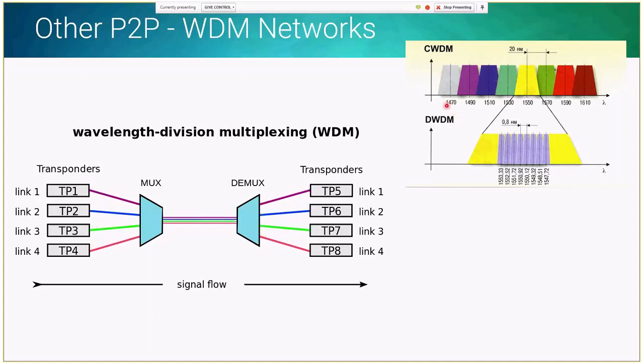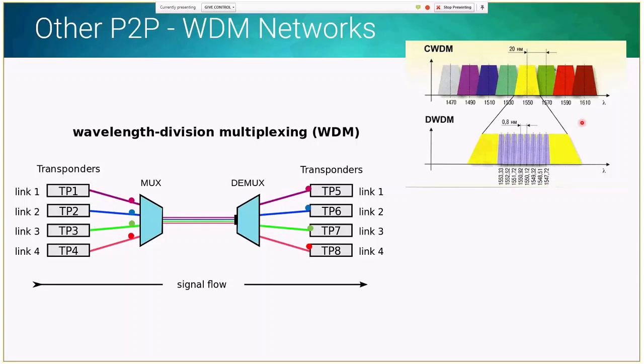So we're going to go from 1470 nanometers up to 1610 nanometers in CWDM, and we would have a spacing between channels of 20. The DWDM is just a small slice of the CWDM, and it will go from 1553 to 1547.